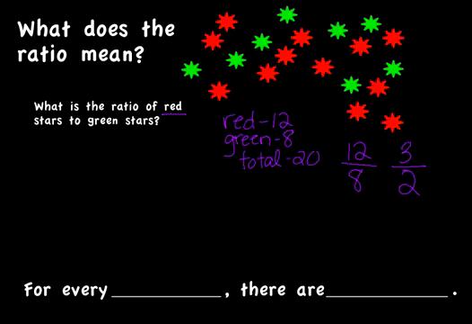For every blank, there are blank. In this case, it means that for every 3 red stars, there are 2 green stars. So keep in mind, anytime it asks for the meaning, or if it says describe the relationship, you're going to use that sentence: for every blank, there are blank.